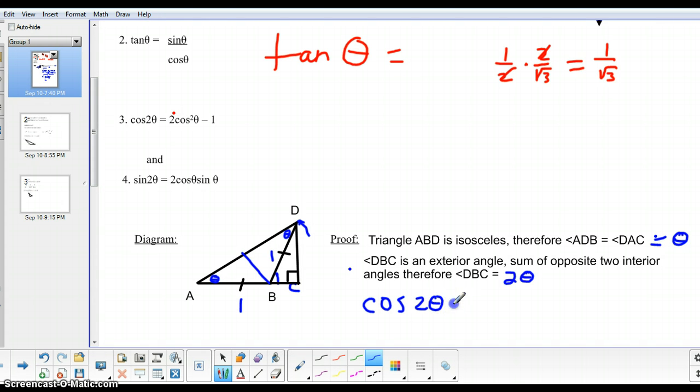Remember that cosine is adjacent over hypotenuse. So our adjacent for this triangle, for our angle DBC, would be BC, and BD would be the hypotenuse.